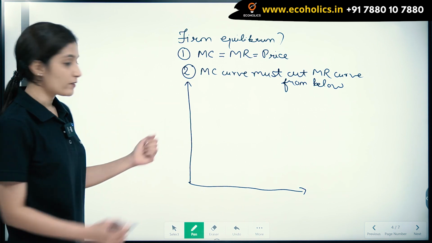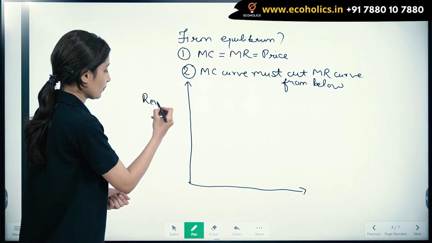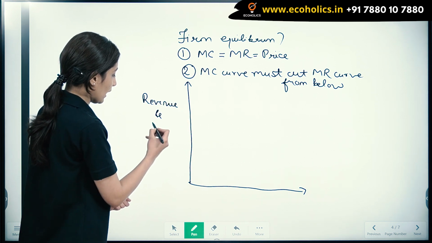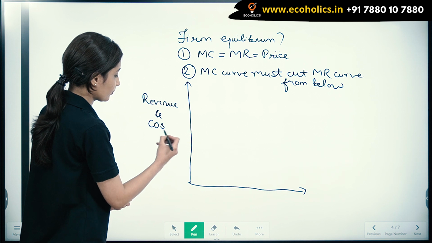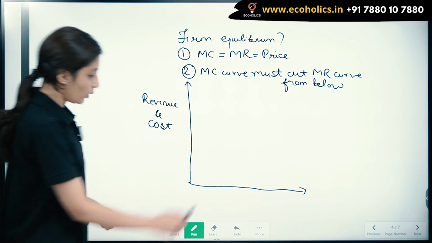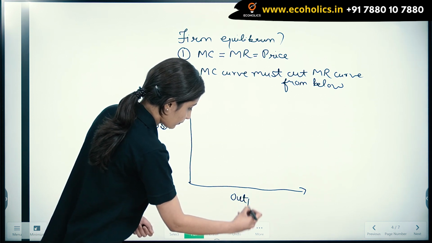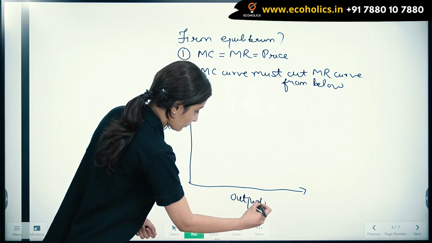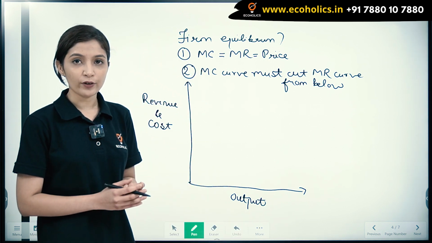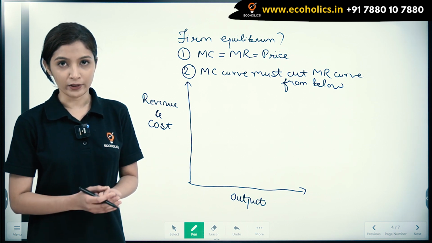On the y-axis we have revenue and cost, and on the x-axis we have output. We all know that in case of perfect competition, we have a perfectly elastic demand curve.